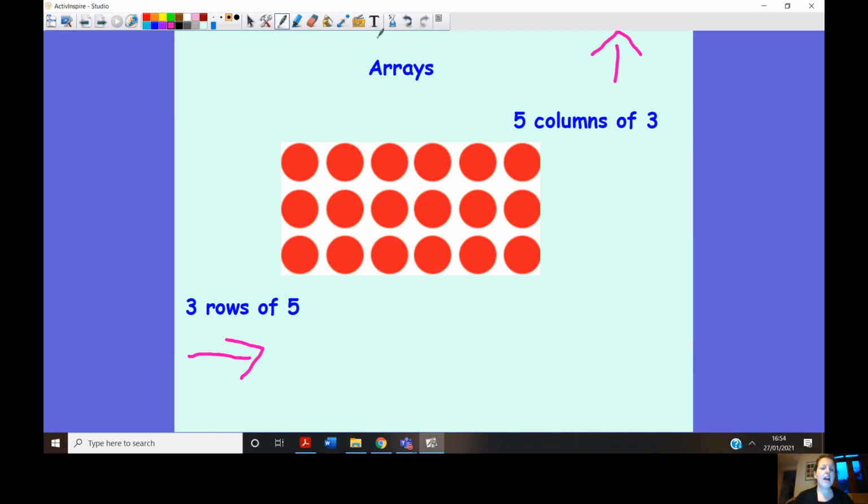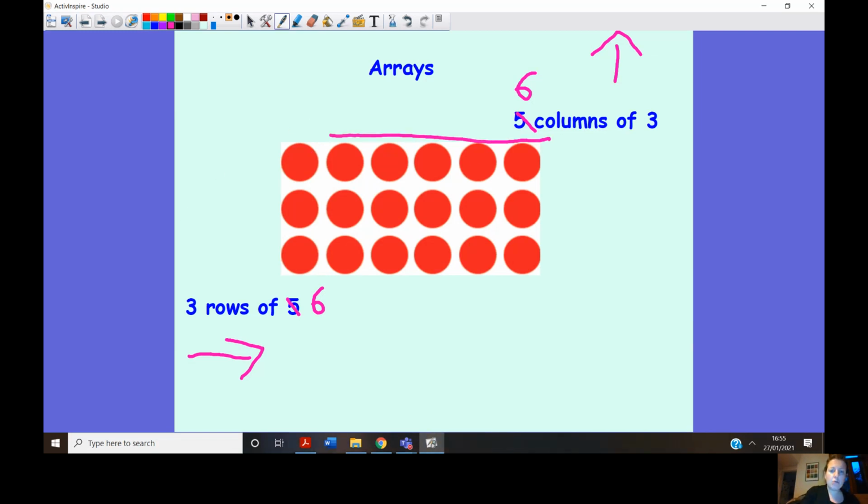So my array shows me 3 rows of 5. Actually, I don't think it does show me 3 rows of 5. I think it shows me 3 rows of 6. So let's just change that. It shows me 3 rows of 6. Here are my rows. I've got 1 row, 2 rows, 3 rows, and I've got 6 in my array. 1, 2, 3, 4, 5, 6.